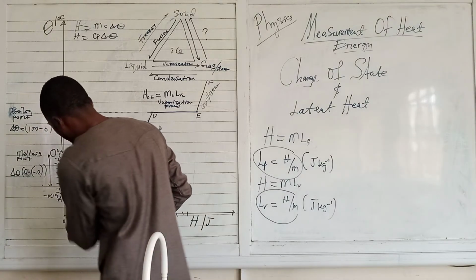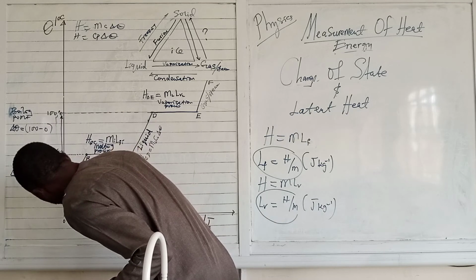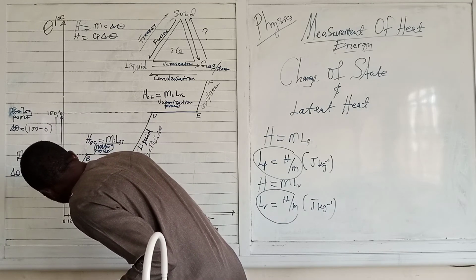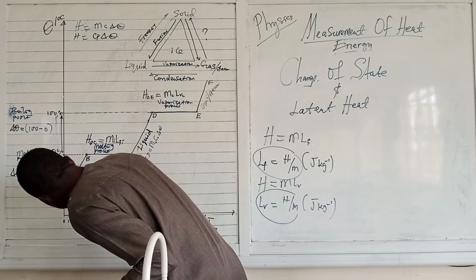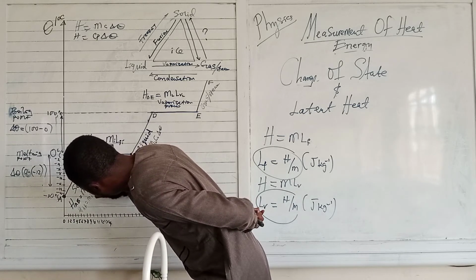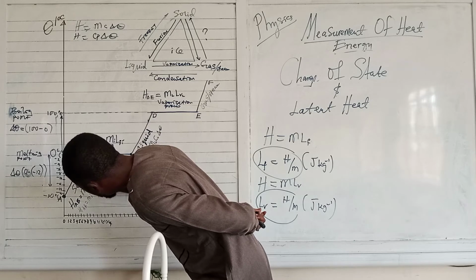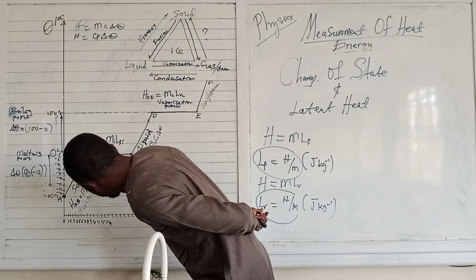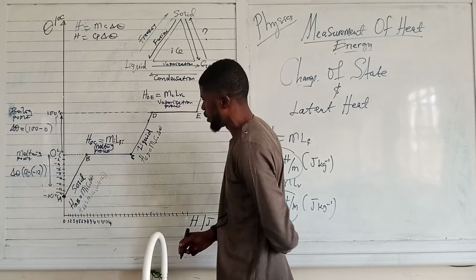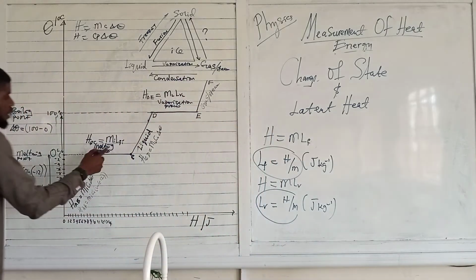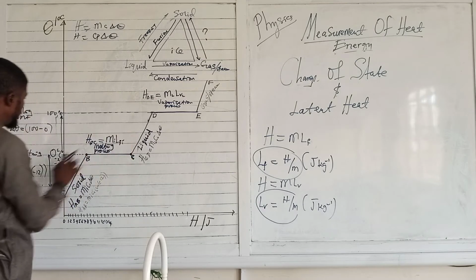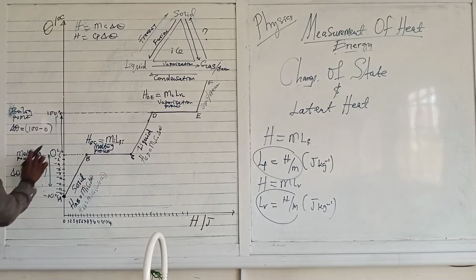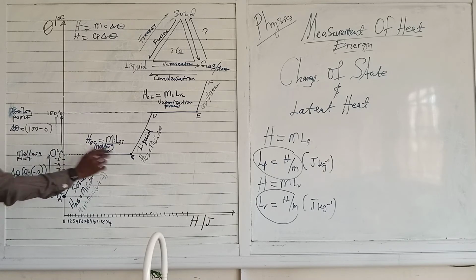So if you come back here, you're going to write your HAB is equal to mass of ice times specific heat capacity of ice times 0 minus, let's say 12. We are using 12 as a case study here. If you come up here, there's no temperature change because at the melting point, the temperature is constant.